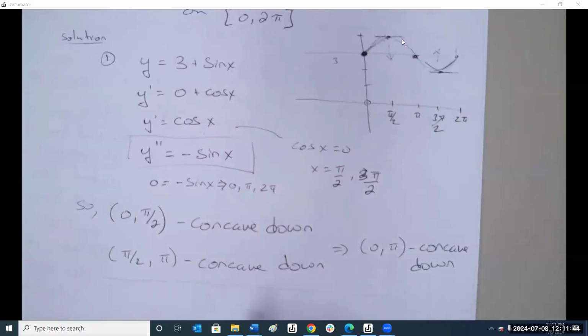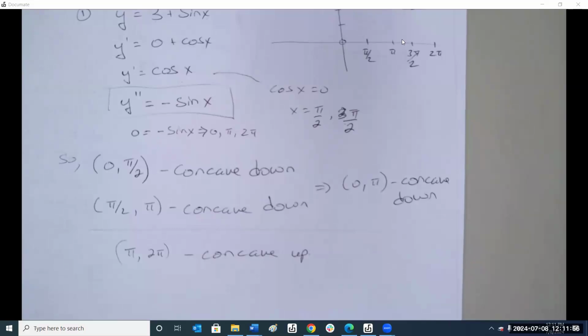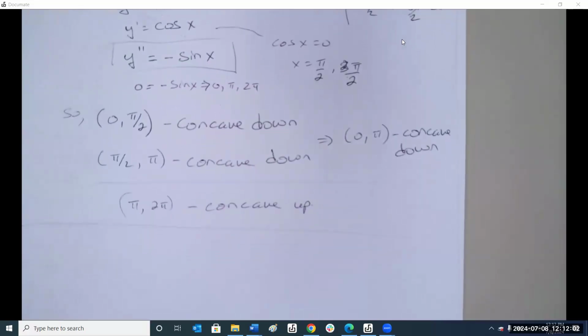And then from pi to 2 pi, it's concave up. So far, so good?